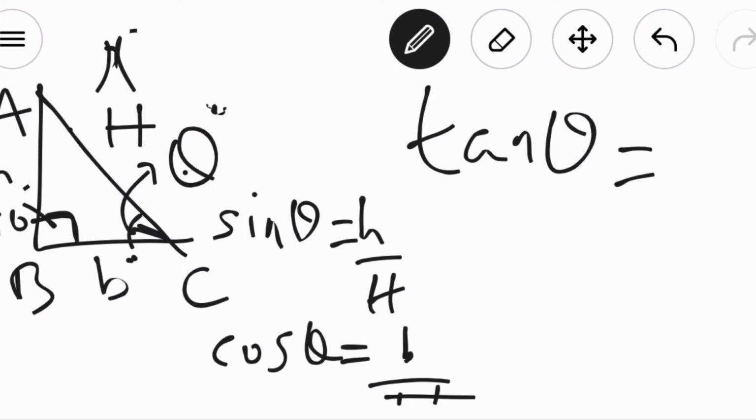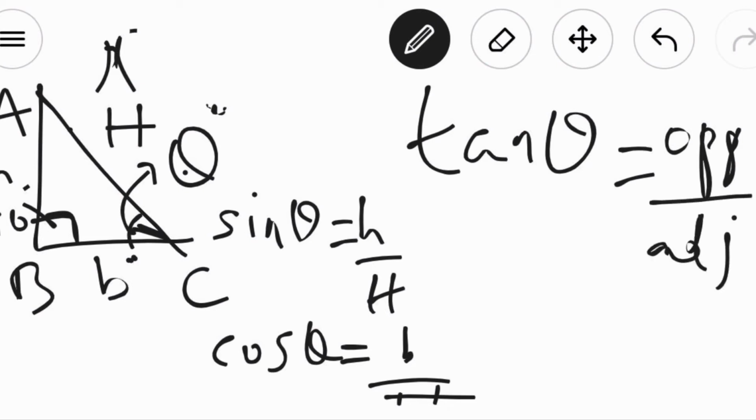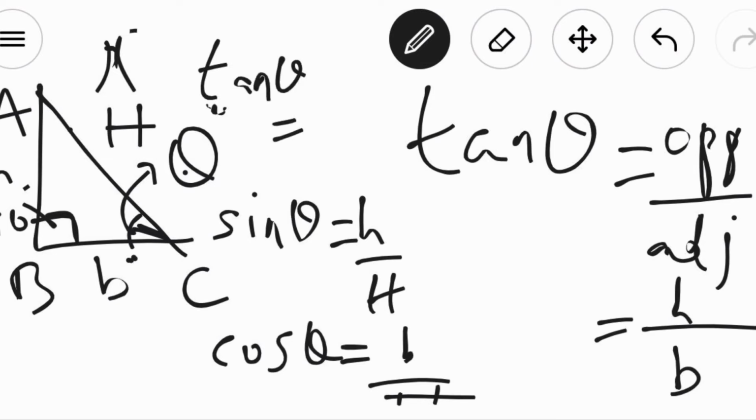Tangent theta is nothing but opposite over adjacent side, I mean, sine theta over cosine theta actually. Opposite over adjacent is nothing but h over small b. So tan theta is h over b.